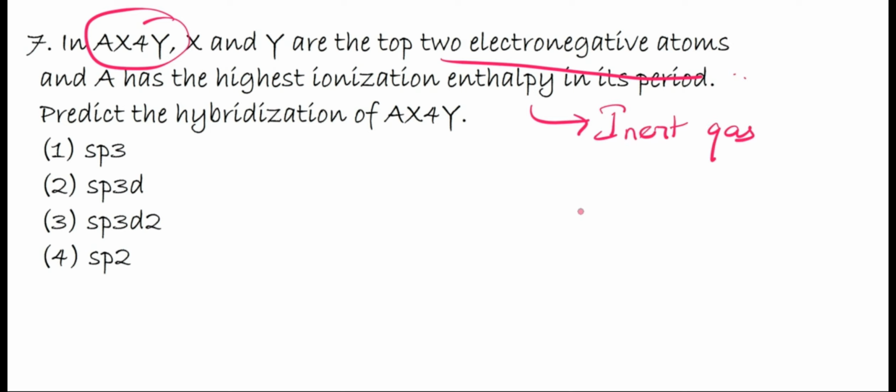So which inert gas is active? Xenon. So what kind of molecule can xenon form? Xenon could form only XeOF4, right? So what is the hybridization of XeOF4? If you could find that, that would be your answer to this question.